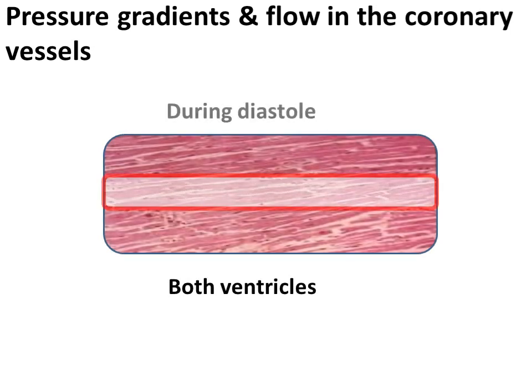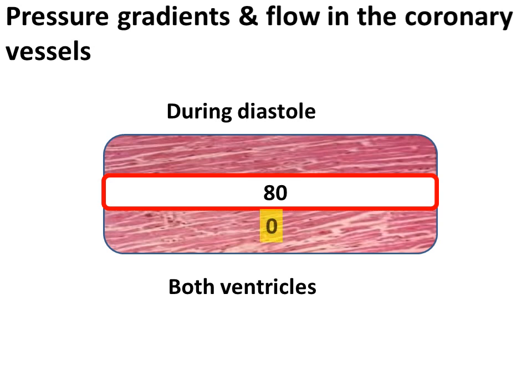During diastole, in both ventricles, the pressure in the intramuscular coronary artery is 80, equal to the diastolic pressure in the aorta, while in the ventricle the pressure is 0.